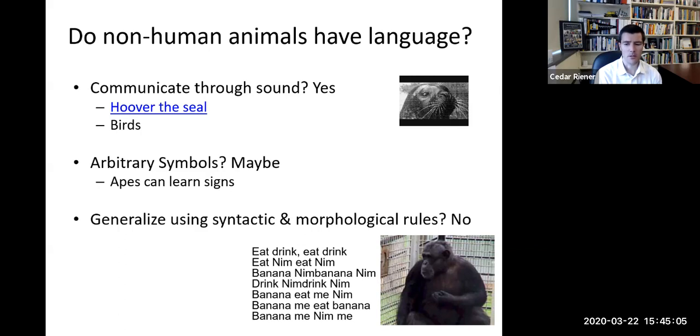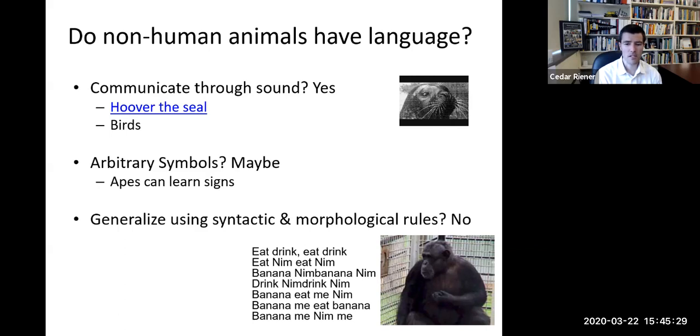As the baby seal grew and ate and grew and ate, the Maine lobsterman figured out, and this is in the 1960s and 70s, that Hoover was outgrowing the bathtub. And so he called the New England Aquarium, and the New England Aquarium came and got Hoover and gave him a new home at the aquarium.